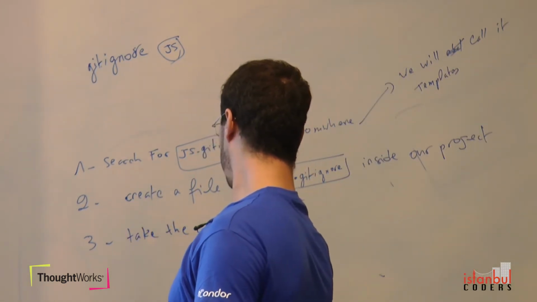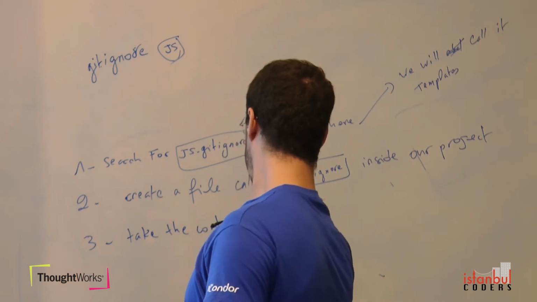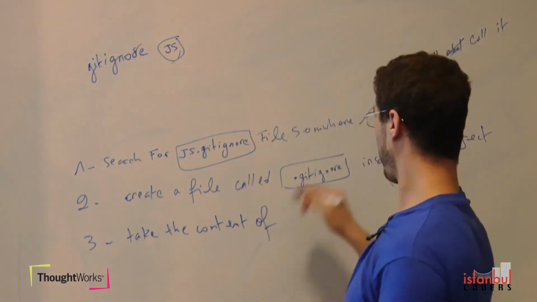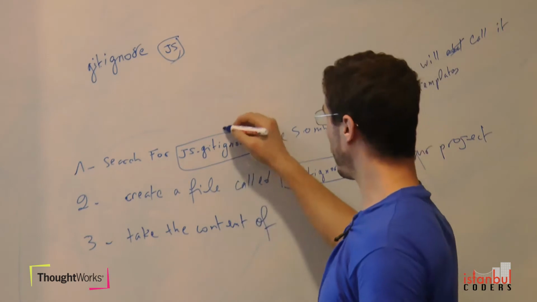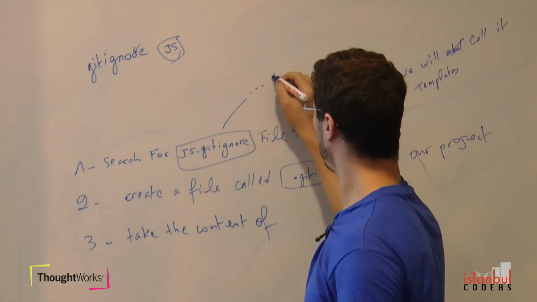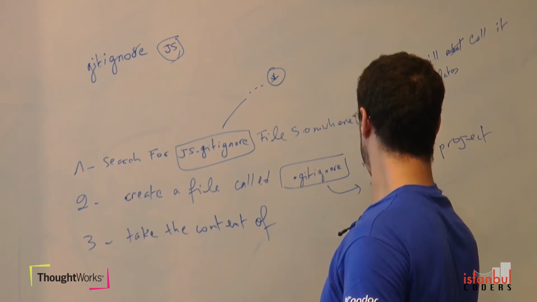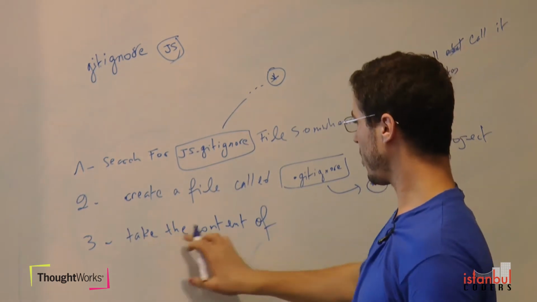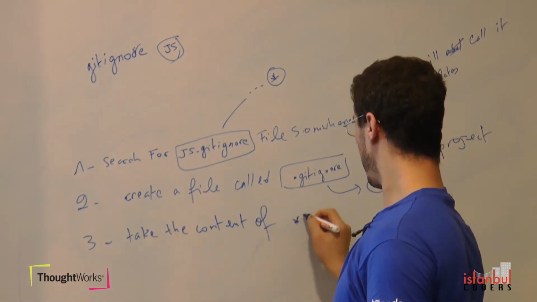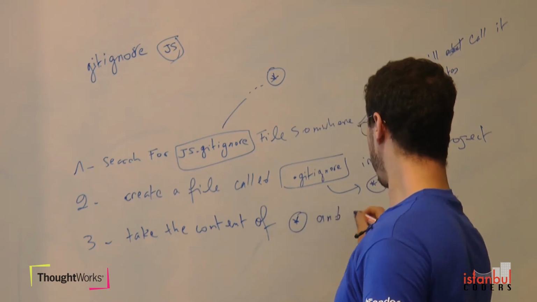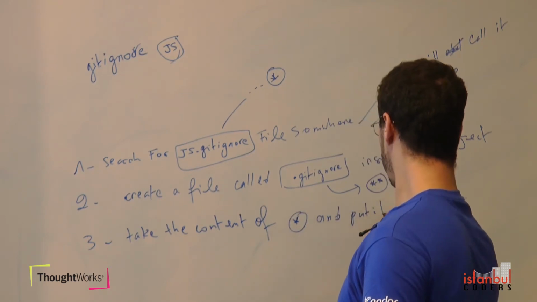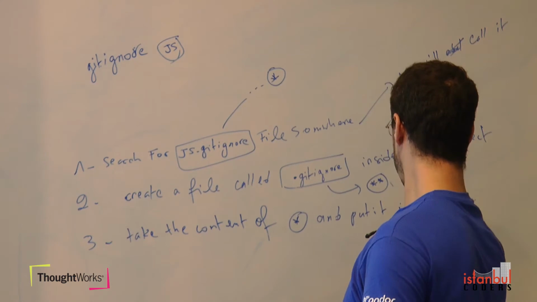Let's call this one 1 and this one 2. Take the content of 1 and put it inside 2.